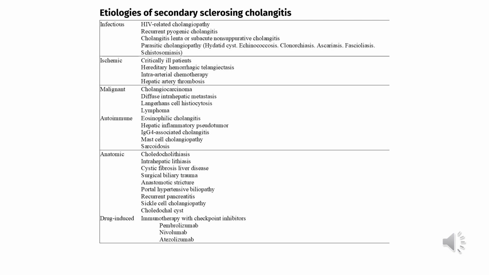Ischemia might be a cause, especially in the critically ill patients, and malignancy for sure. Cholangiocarcinoma is one of the examples. Autoimmune in cases of eosinophilic cholangitis or the IgG4 related cholangitis, anatomic or drug induced.